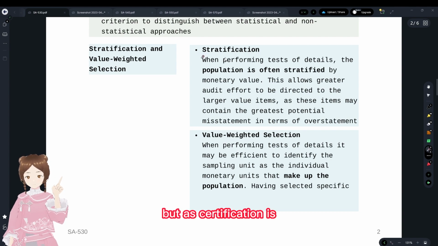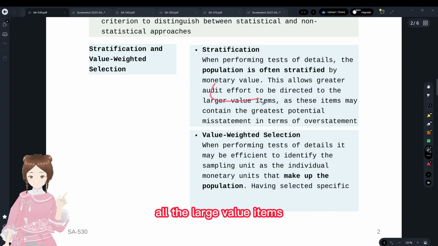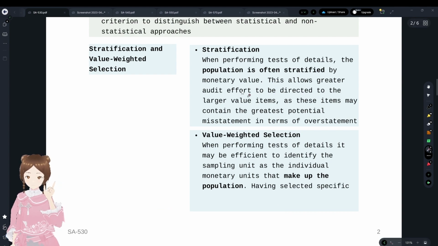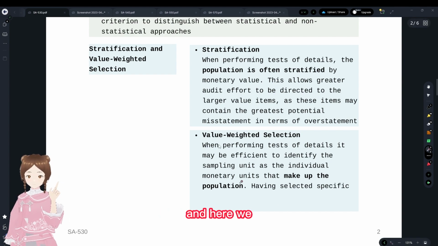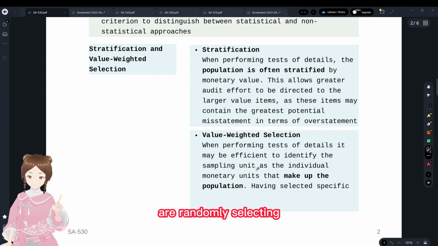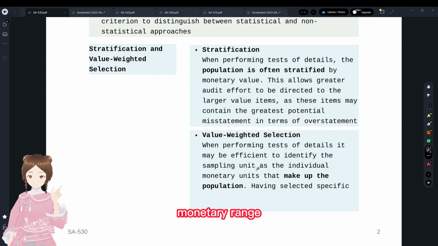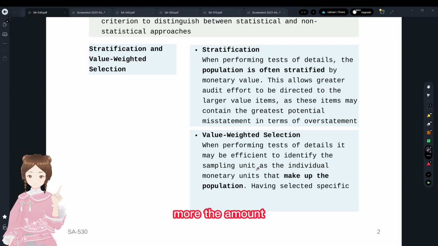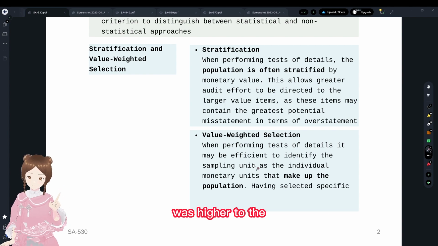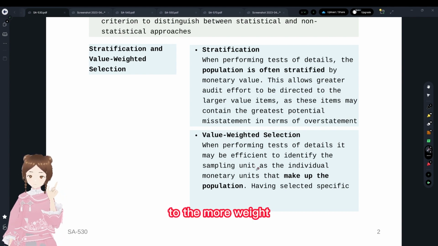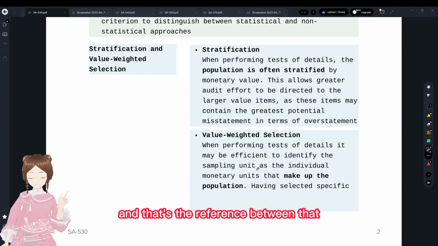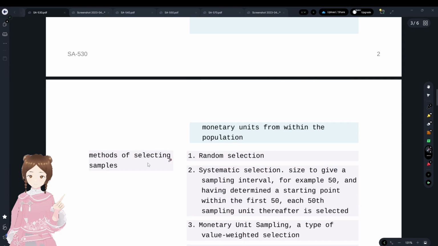Whereas in stratification, all the large value items are categorized and grouped together, and we randomly select from a particular monetary range. In value weighted selection, the higher the monetary amount, the more weight it has and the more chance to be selected.